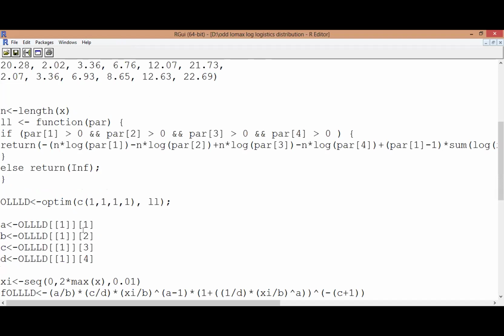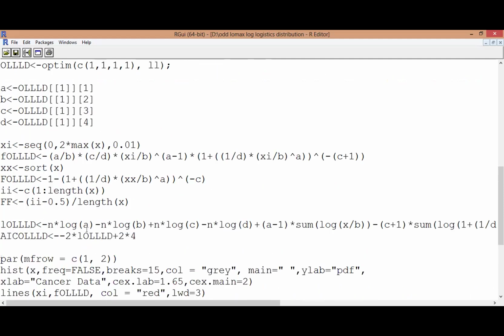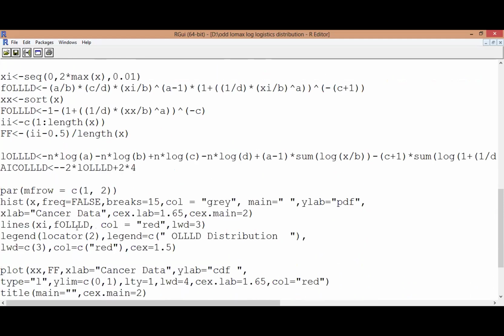So we must use the goodness of fit test by using the density plot. The density plot means you must have the histogram of the data, and then the density function must capture the histogram.